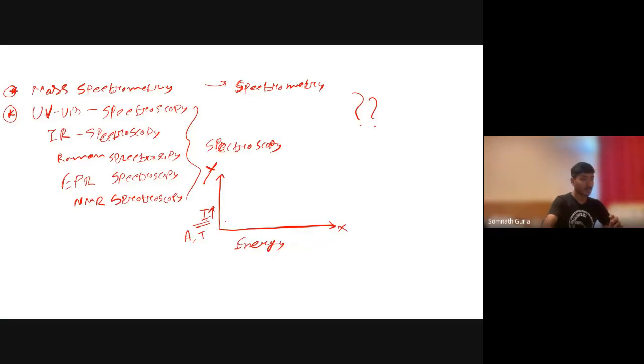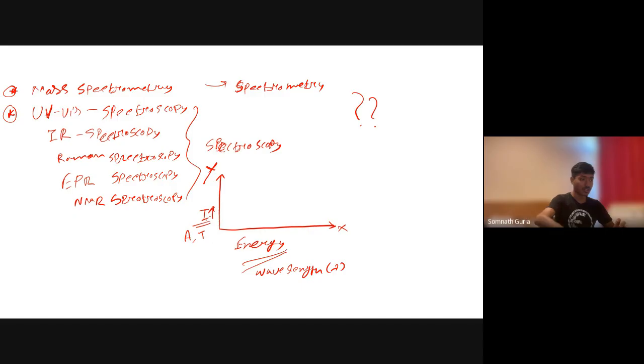Now, in absorption spectroscopy, this energy term in UV-Vis is called wavelength, lambda.